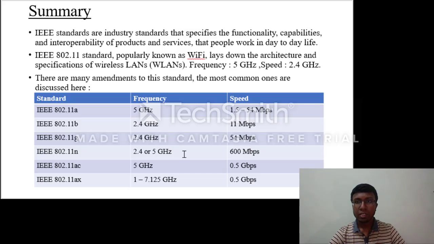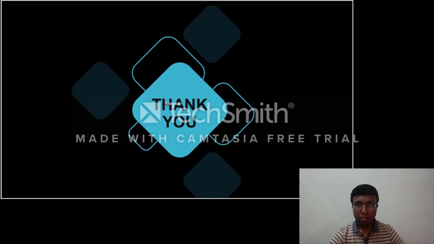N, the frequency is 2.4 or 5 GHz and the speed is 600 Mbps. AC, the frequency is 5 GHz and speed is 0.5 Gbps. AX, the frequency is 1 to 7.125 GHz and the speed is 0.5 Gbps.